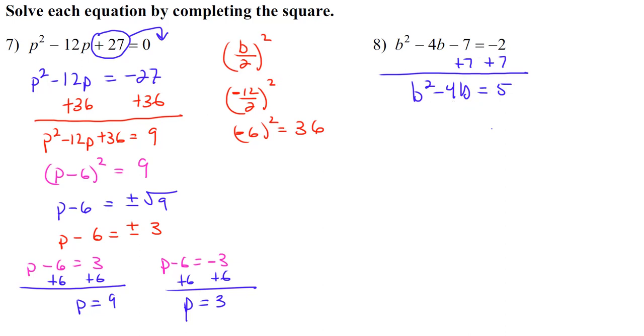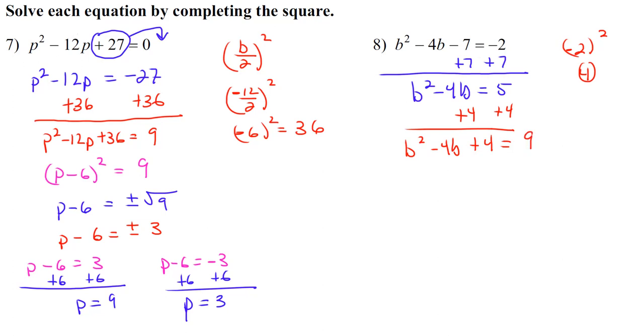Half of negative 4 is negative 2, and negative 2 squared is positive 4. So we're going to add 4 to both sides. We get b squared minus 4b plus 4 equals 9.